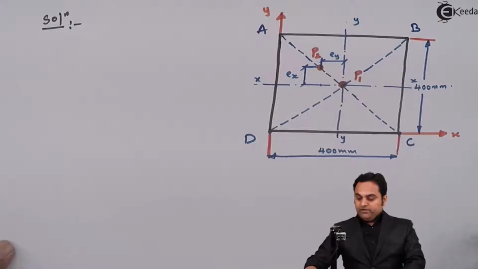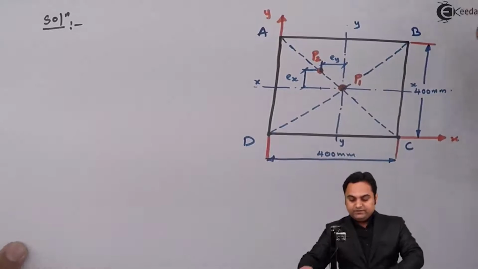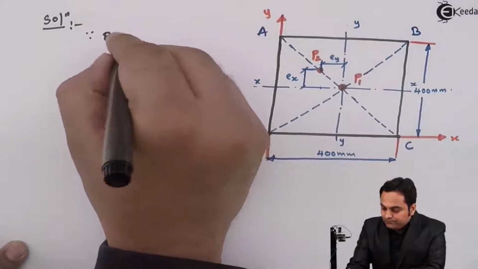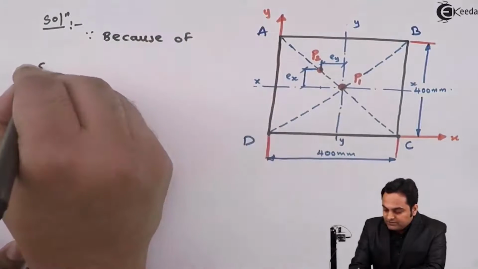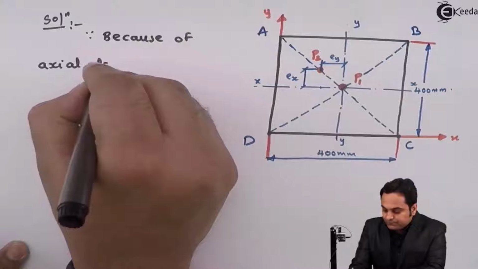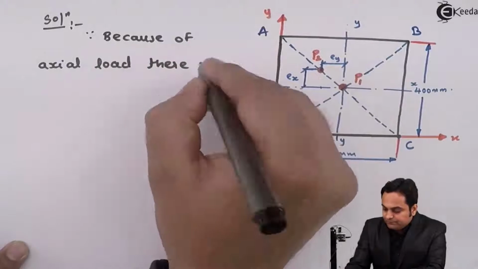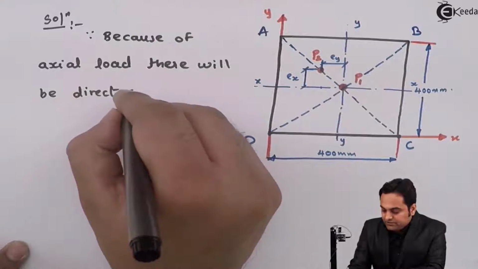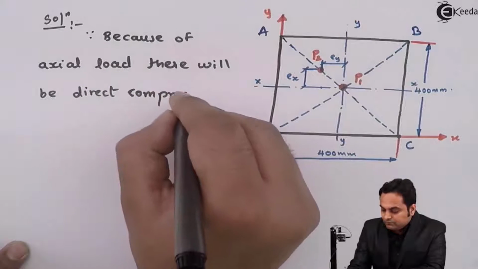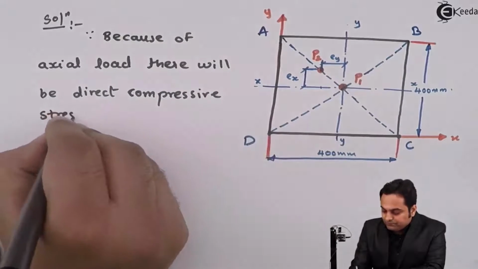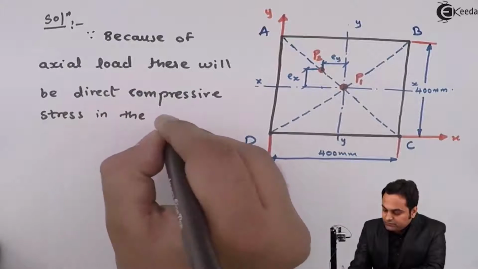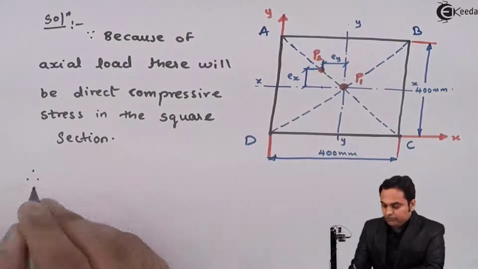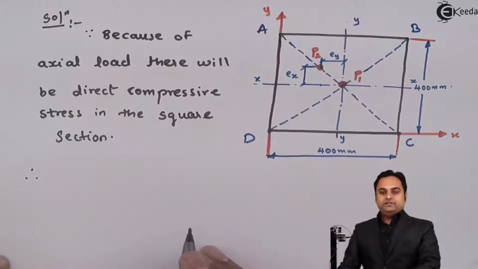Now if we look into this, since because of axial load there will be direct compressive stress in the square section. Therefore here I'll find out direct stress.